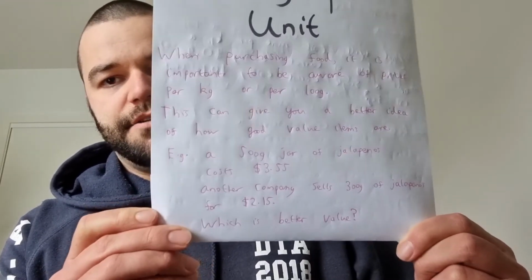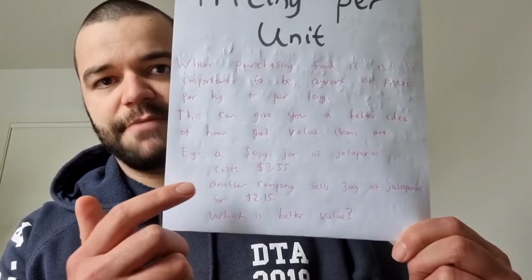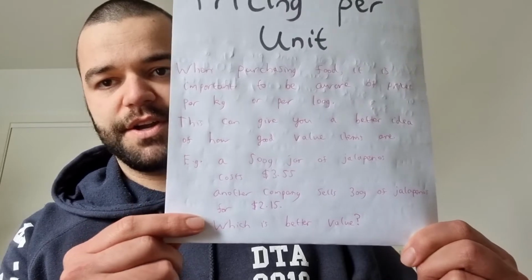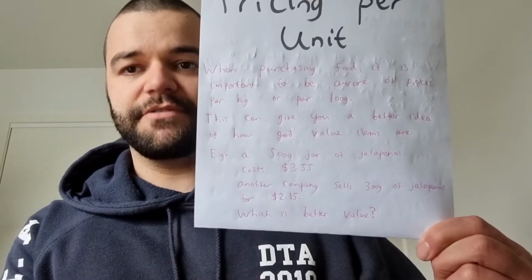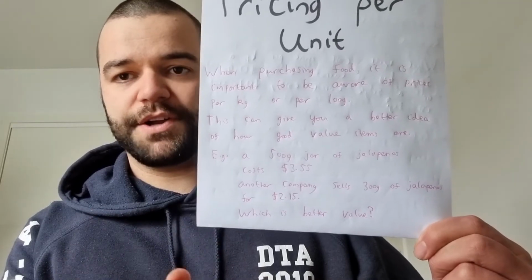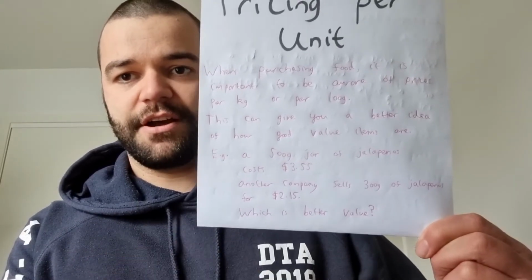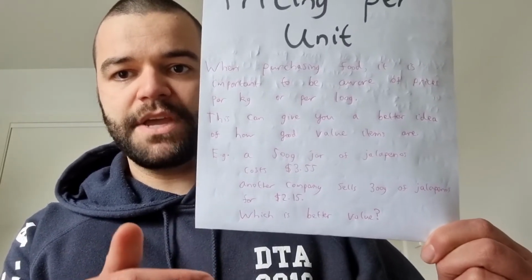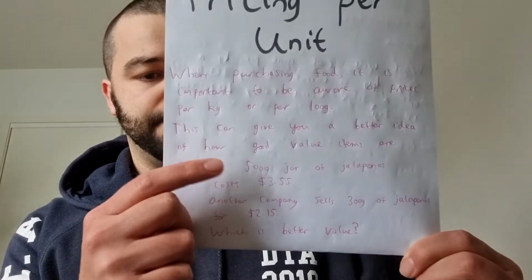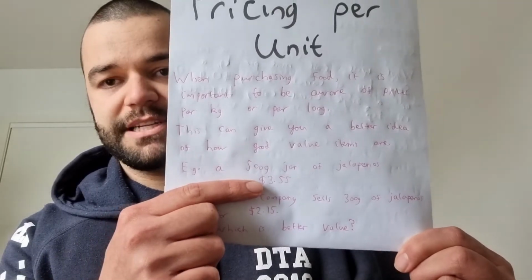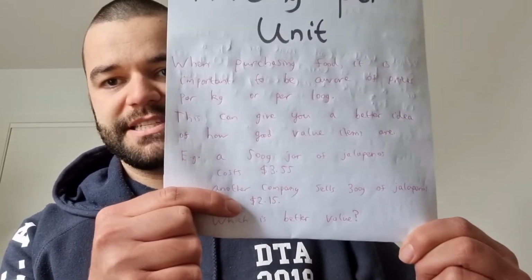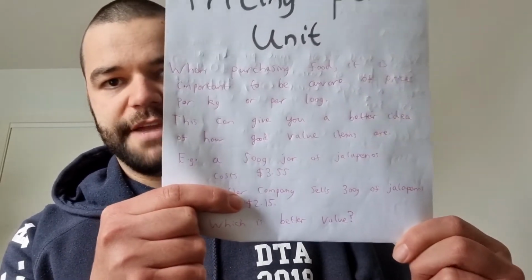So what we need to do is we need to turn 500 grams into 100 grams, and we need to turn 300 grams into 100 grams. And hopefully you're aware the obvious way to do that is to do 500 into 100 is divide by 5, 300 to 100 is divide by 3. So you want to do this one, the 500 gram price, and you want to divide that by 5, and you want to divide that price by 3.